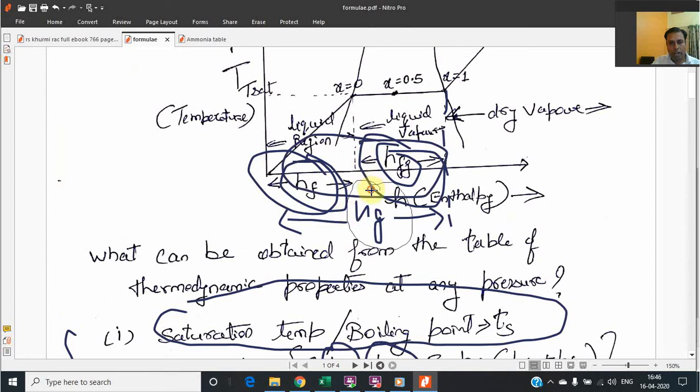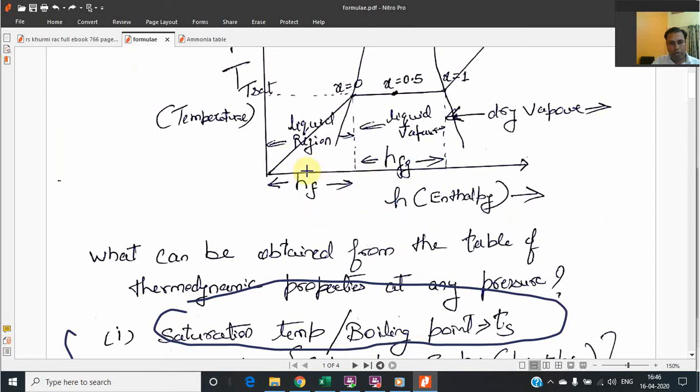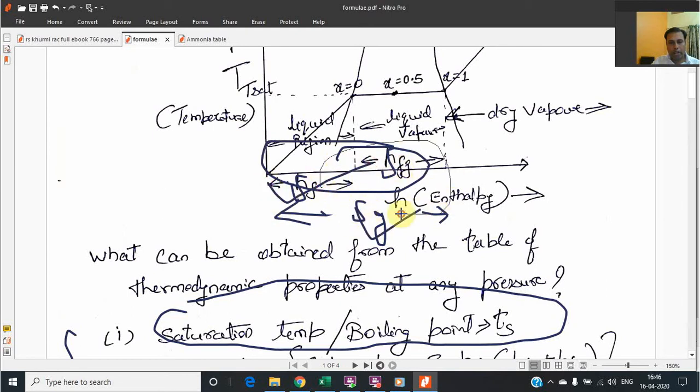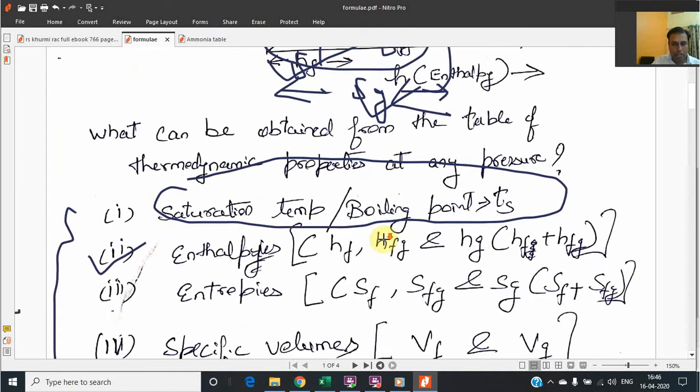Now it is combined, called HG. Similarly for entropy also, if it is SF, this is SFG, then for combined we will get from this point to this point SG, addition of the 2. That's why they only give SF and SG. SFG you can obtain directly by subtracting.